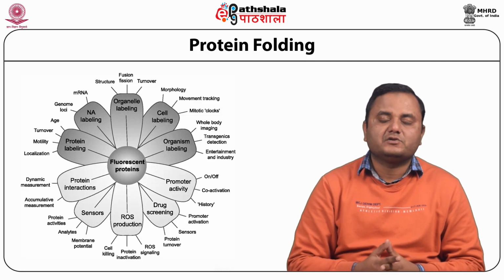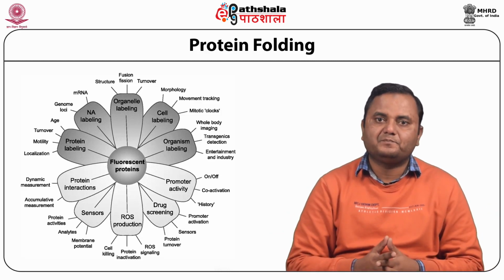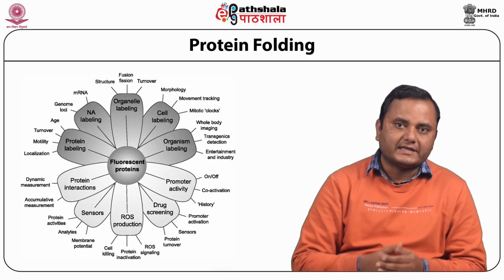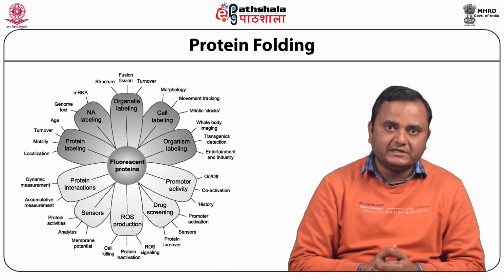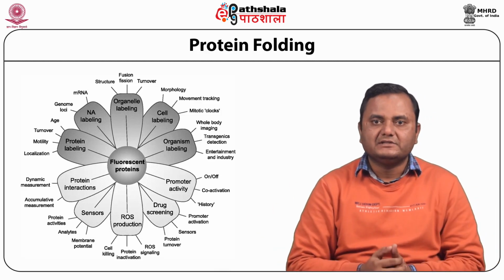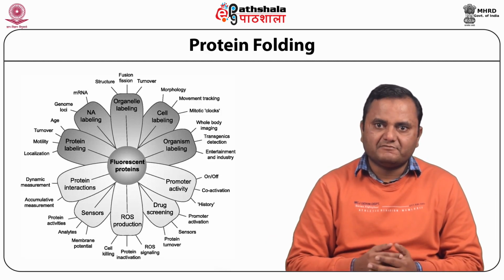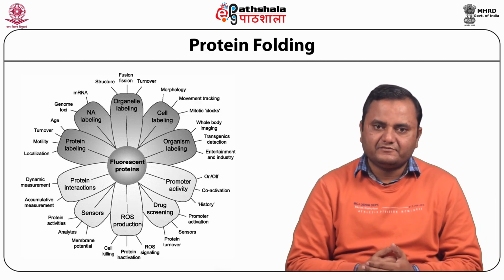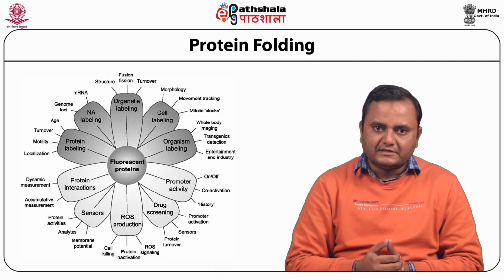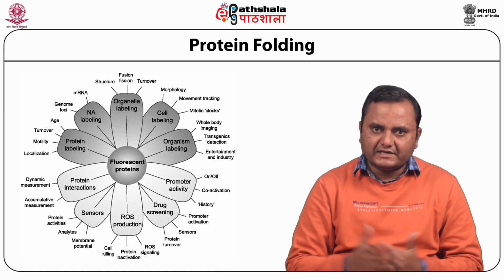And finally, they are also used to see promoter activities like the history, co-activation, and on-off mechanism of the promoter. So it is an extensively used material for the study of the different types of phenomena that we have discussed.